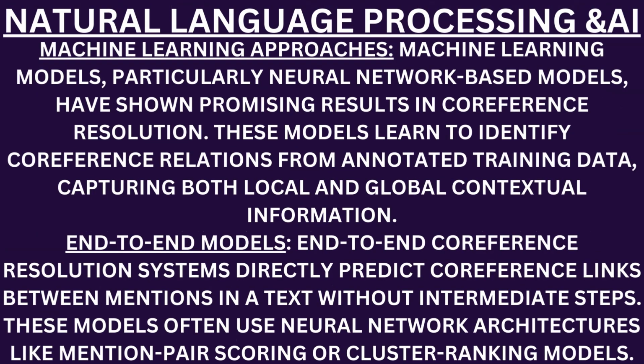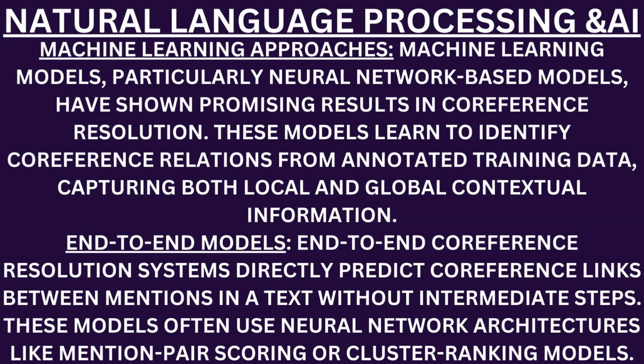Machine learning approaches. Machine learning models, particularly neural network-based models, have shown promising results in co-reference resolution. These models learn to identify co-reference relations from annotated training data, capturing both local and global contextual information.